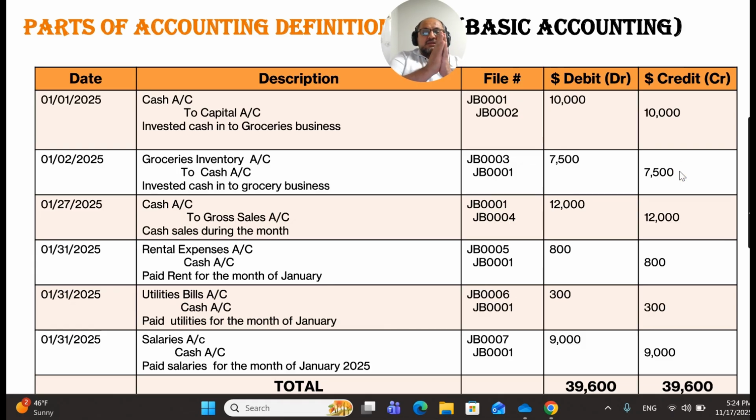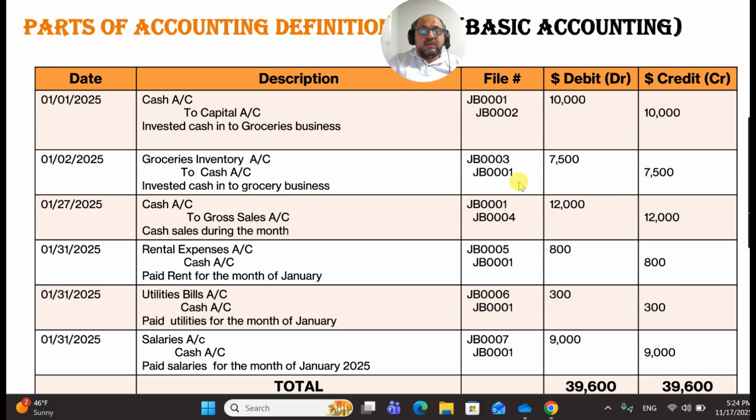Cash increase, left side debit; cash decrease, right side credit. Plus, minus, plus, minus, comes, goes, remember. Asset comes, plus; goes, minus. This is the simplest way I'm going to teach you.